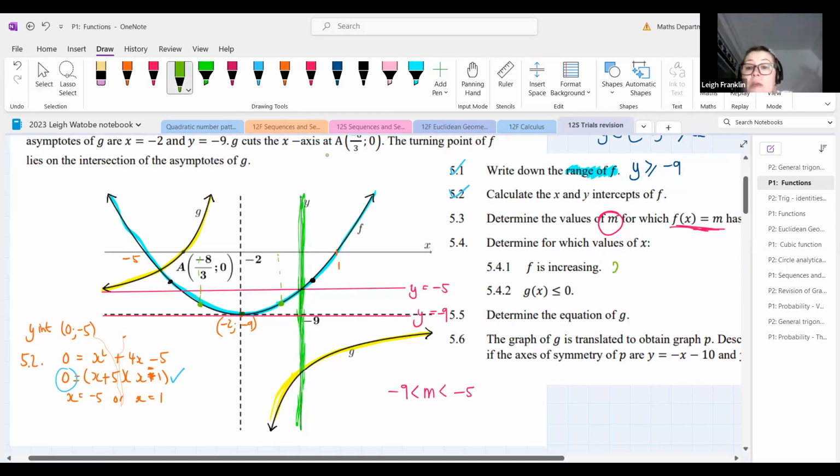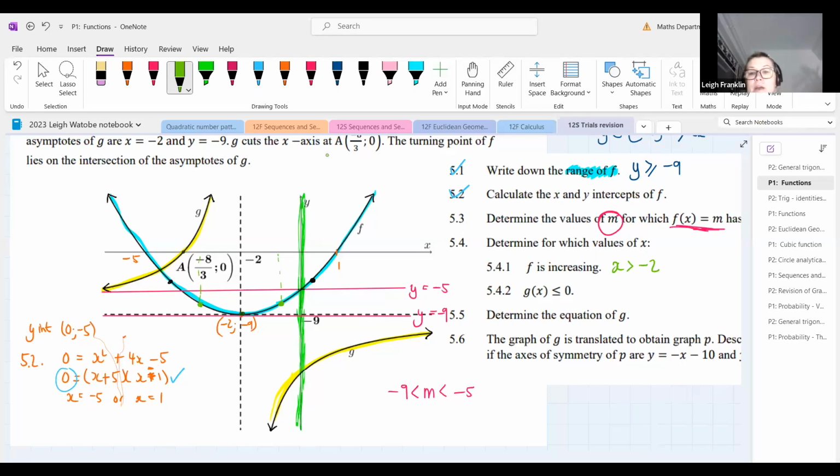Although, strictly speaking, they could still give you the mark if they say strictly increasing, but we should not include the turning point. Because then we know the graph is not increasing at the turning point. So when x is equal to -2, the gradient is 0. So it's not actually increasing. We mean a positive gradient. Good. Well done, Chelsea and Jude, for your answers.